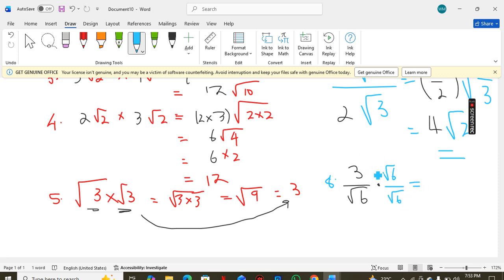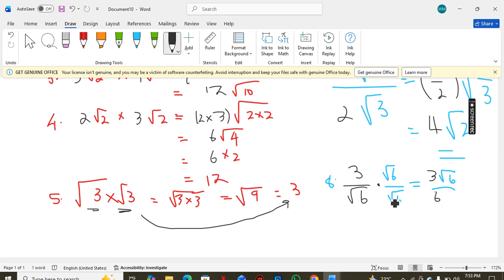Okay. 3 times the root of 6, you're going to get 3 root of 6 over the root of 6 multiplied by the root of 6, you're just going to get 6. Like this example here is example 5.